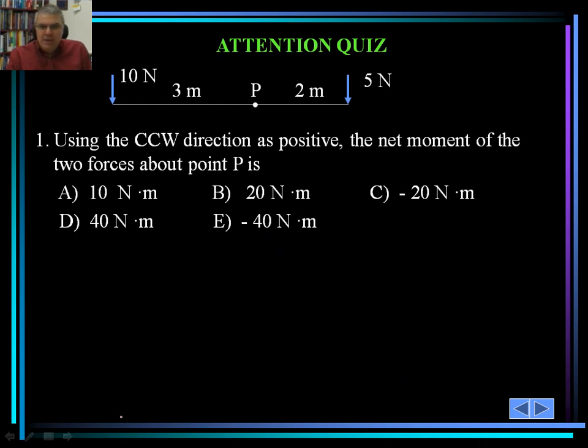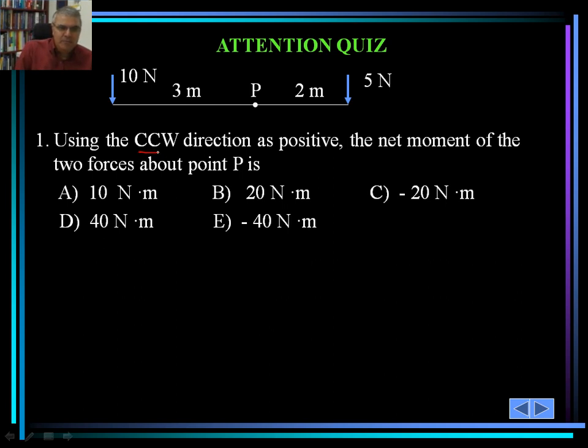Let me take a look at an attention quiz now, and then we wrap up our session. As you can see, point P is given, and there are two vectors, 5 N and 10 N. The CCW direction, counterclockwise, is positive.